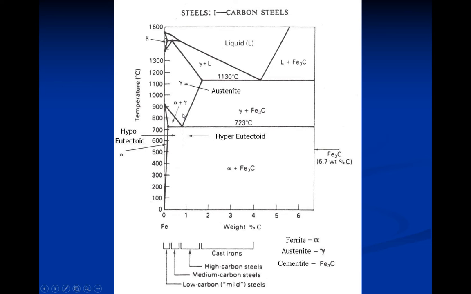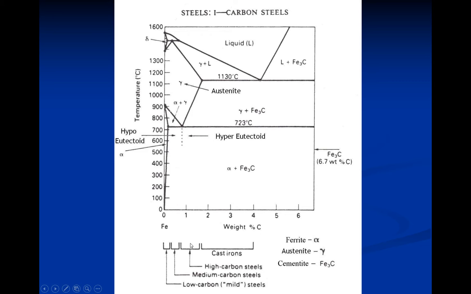And we break steels into two major categories. Those that have more carbon than the eutectoid composition, which is about 0.77%, so hypereutectoids are 0.78 and above. And hypoeutectoid steels have less carbon than the eutectoid composition.